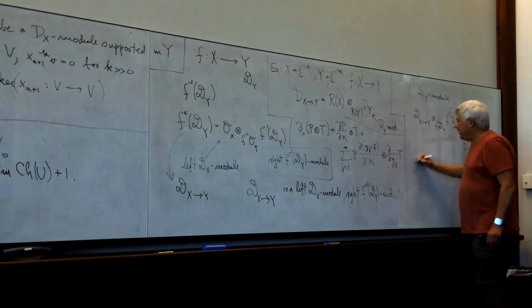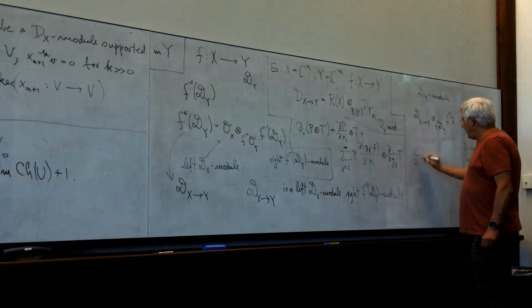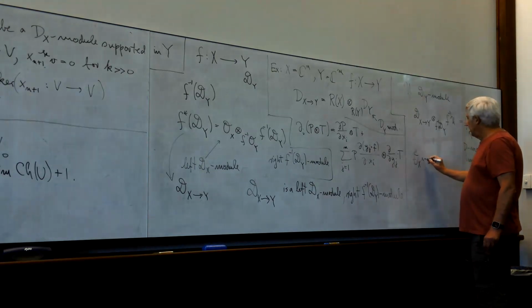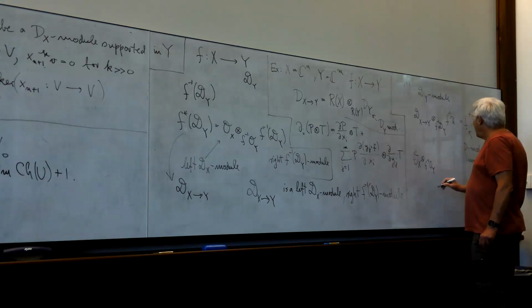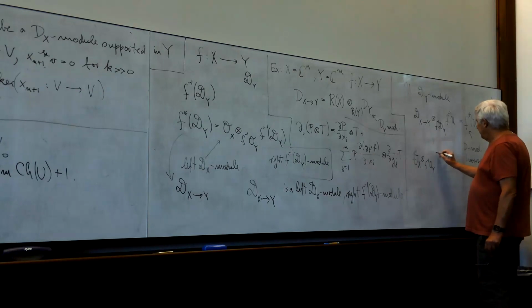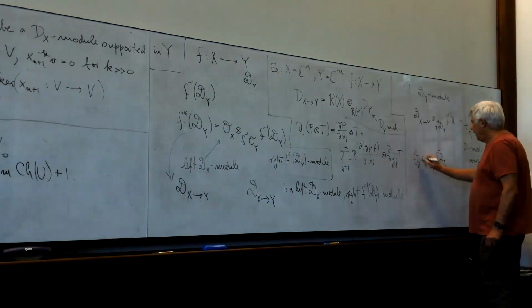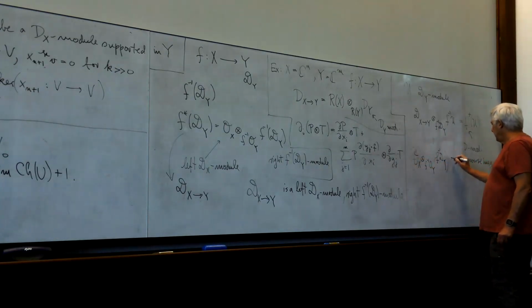Let me write it down: f upper star of y is O_X tensor f inverse O_Y, with f inverse D_Y, tensor with f inverse D_Y, with f inverse of u.